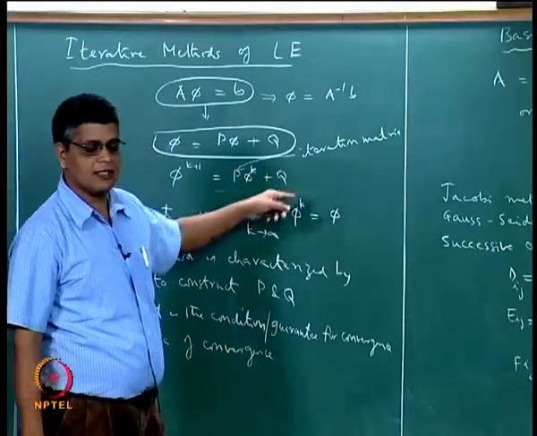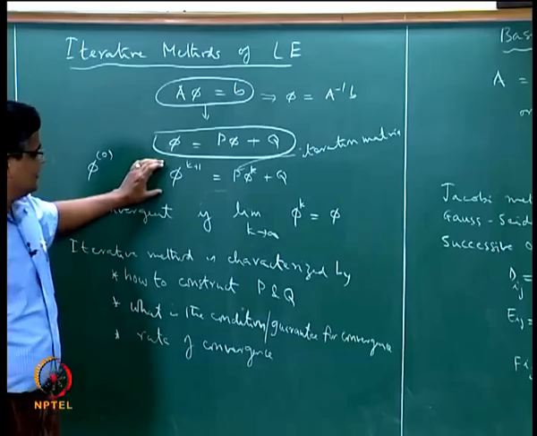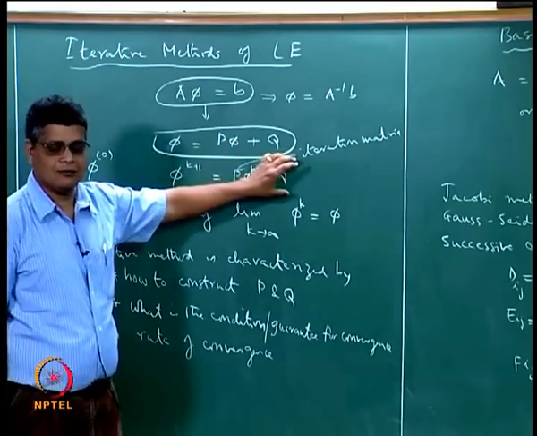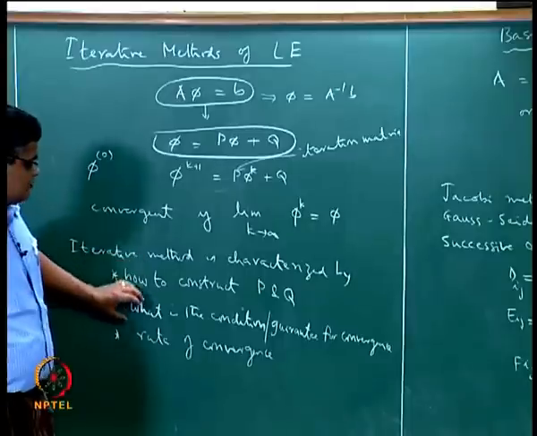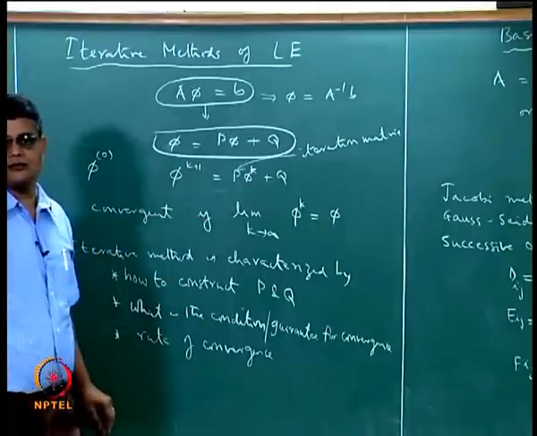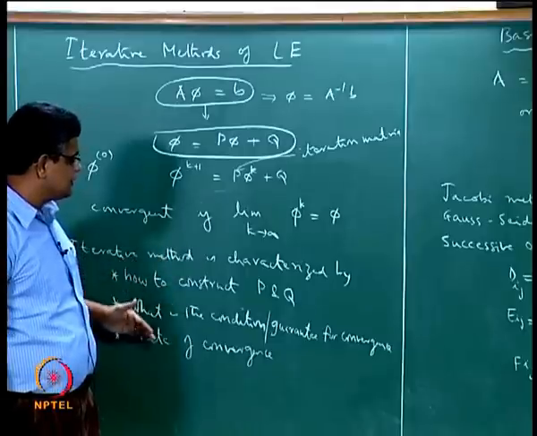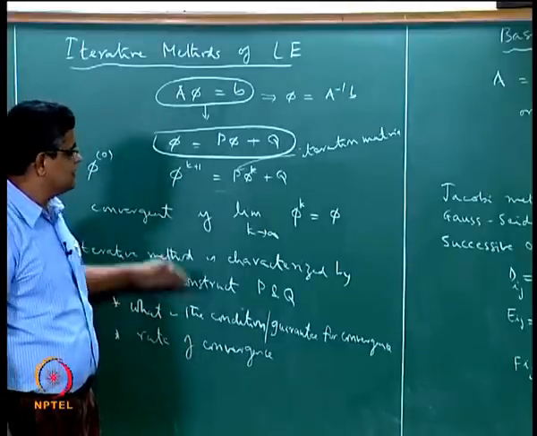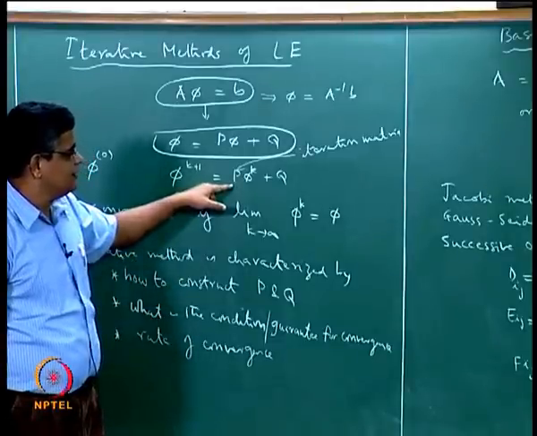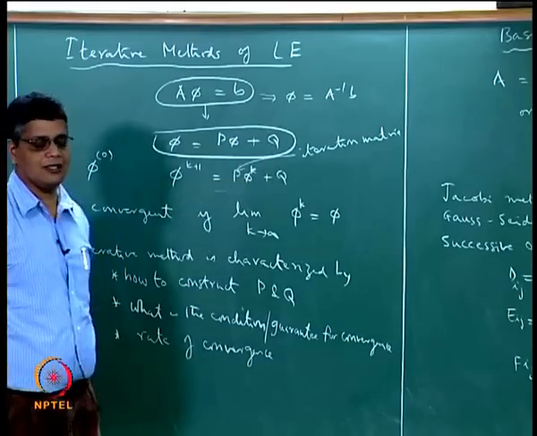Everything about this iterative scheme, that is, will it converge or not, is it a convergent scheme or not, and what is the rate of convergence, is determined by the characteristics of this iteration matrix.